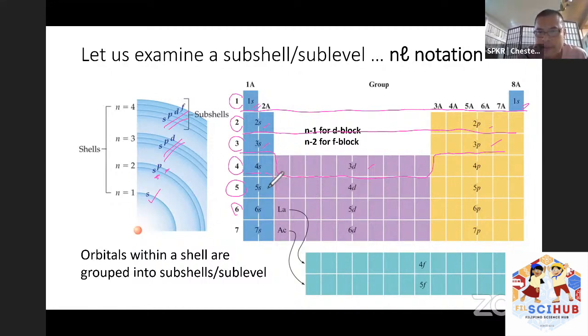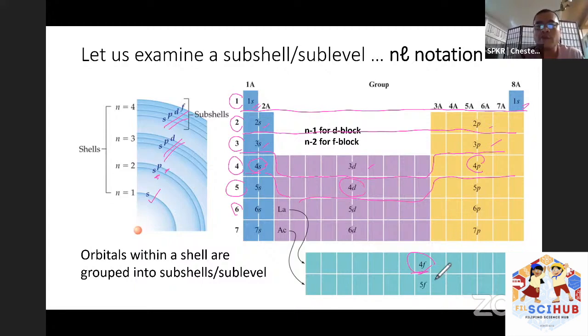Bababa ka dito, and meron ka pang 4 dito, so 4F. So meron kang S, P, D, and F. So basically, ano nakikita natin, the periodic table really mirrors the quantum model.